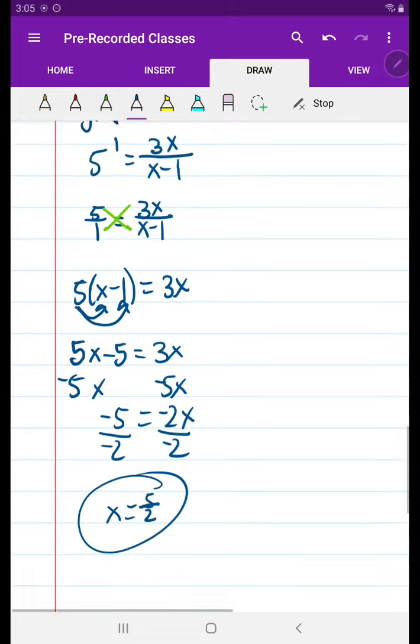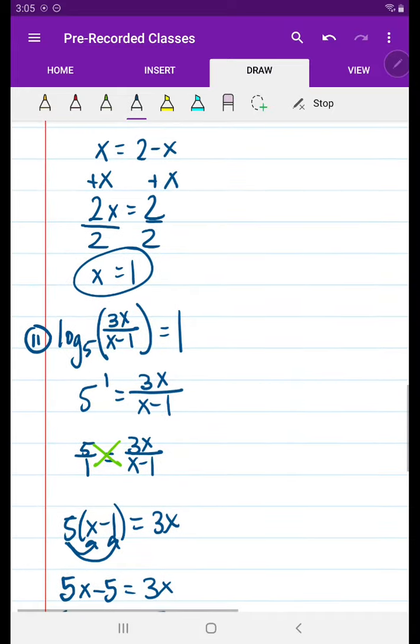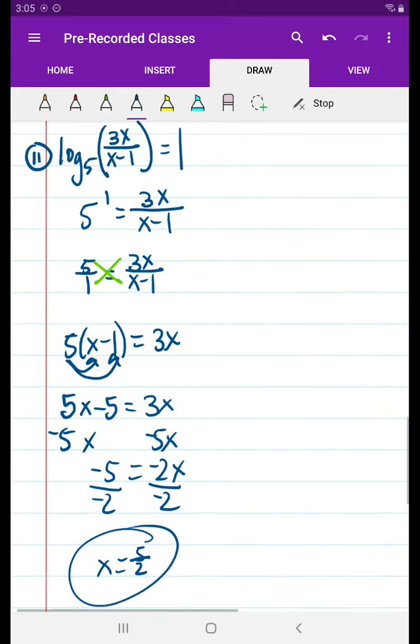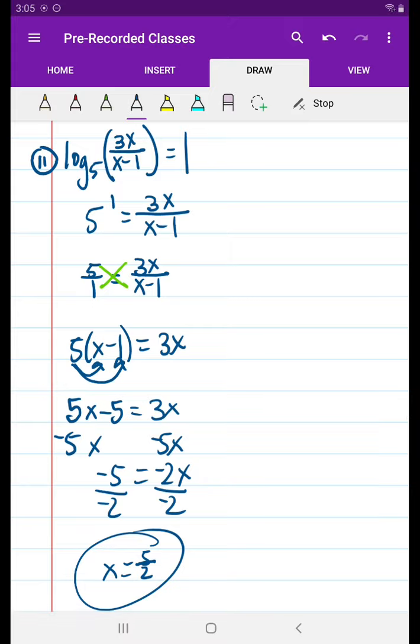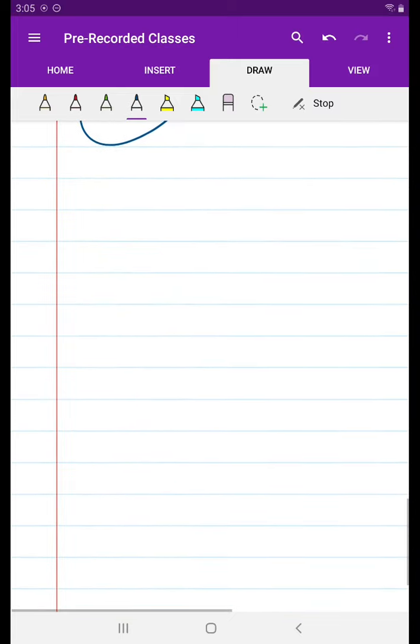And so if we take a look at the original problem, if I were to plug 5 over 2 in, yeah, that would still be positive. So your answer for number 11 is 5 over 2. Going on to number 12.